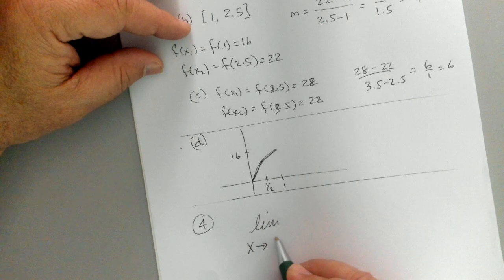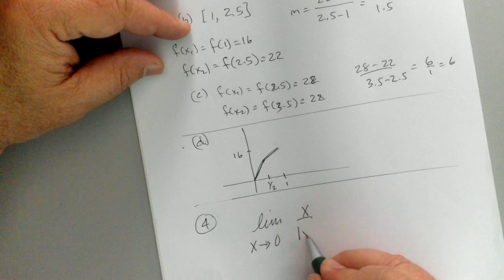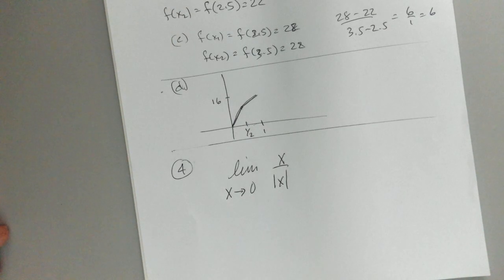What's the graph look like of this function? We know we can't use 0. So what happens if x is negative? What happens if x is positive? What can we determine? Let's see.